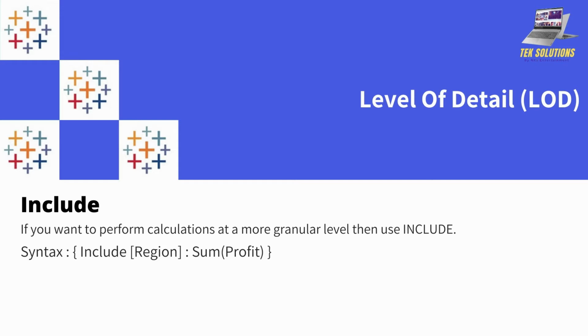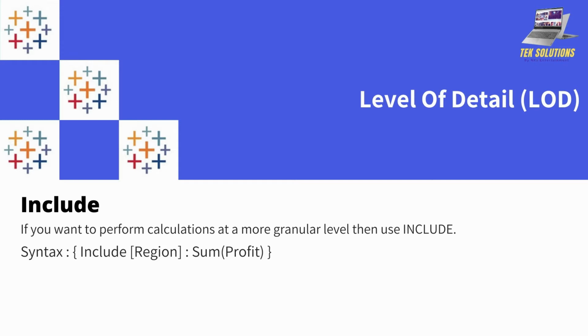The syntax has curly braces. It should always be inside the curly braces: the word include and the dimension. If you have multiple dimensions, just separate them by commas, and then a colon, then your calculation. In the example I have shown here, it is include region and find the sum of profit.